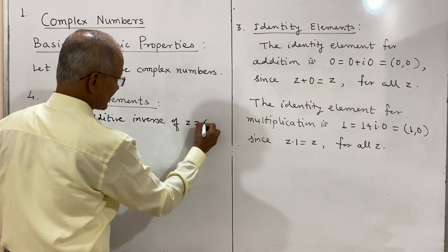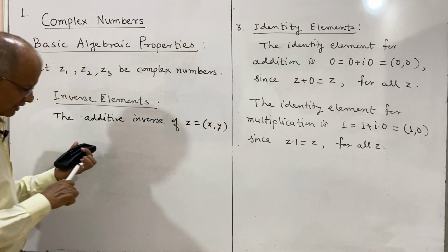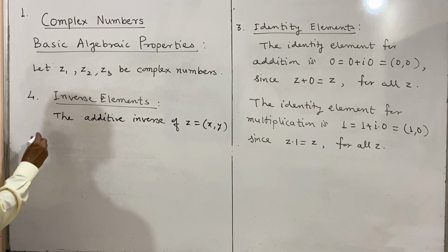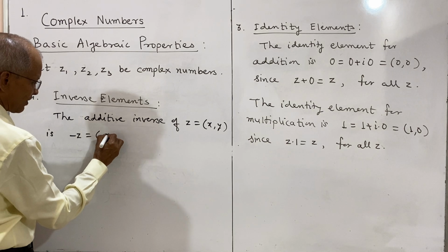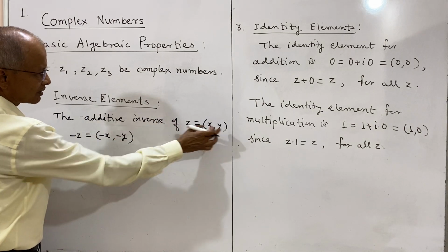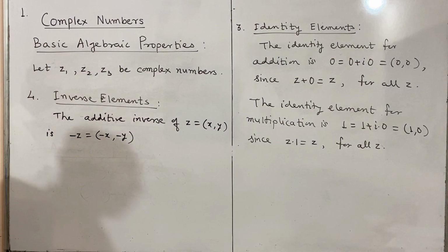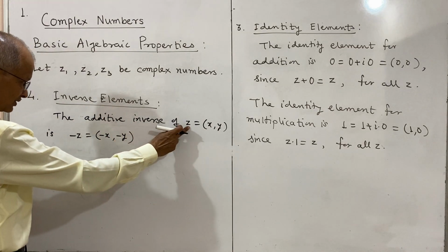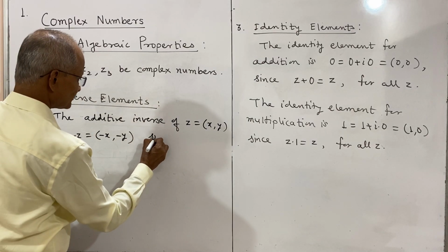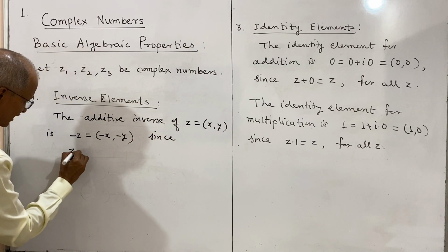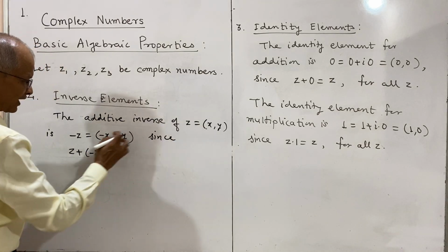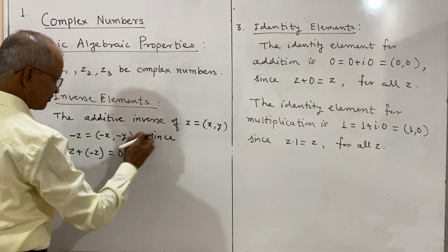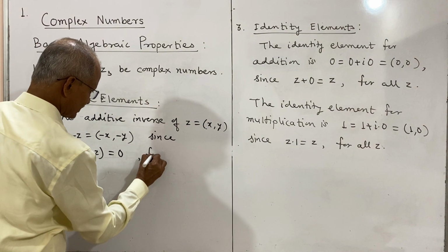Of z, which is the ordered pair (x, y), minus z is (minus x, minus y). Both the negative of real part and negative of imaginary part give the additive inverse of this z, since we have z plus negative z is equal to 0. Sum of x and minus x is 0, y and minus y is 0, for all z.